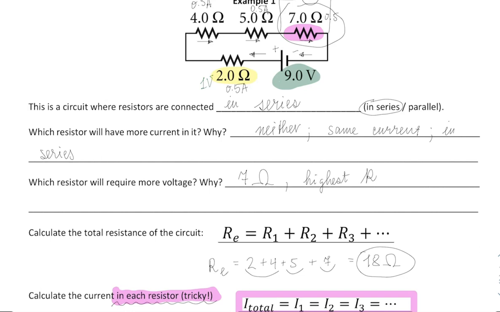Then we had 0.5 times 4, that's 2 volts. 0.5 times 5, 2.5 volts. So altogether, that's already 5.5. And then another 3.5. So 1 plus 2 plus 2.5 plus 3.5, all of that gives me 9 volts. Magic!